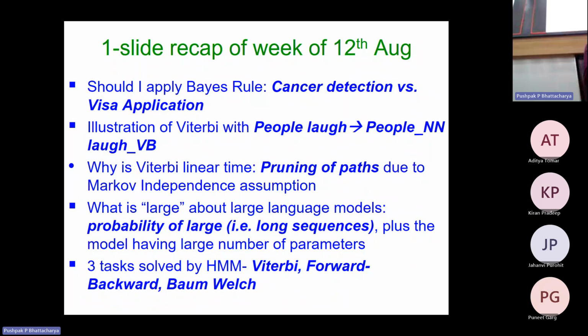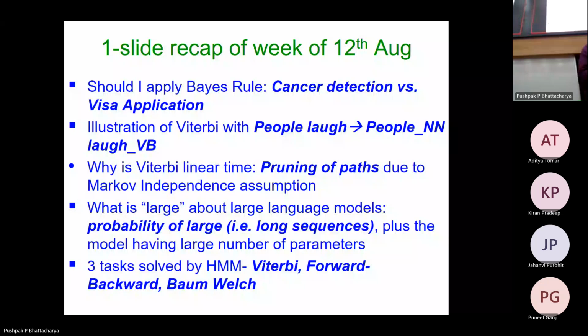Now, one important question was, the space of part-of-speech tag sequences is potentially exponential in the length of the input. How come the Viterbi algorithm becomes linear in the length of the input? That happens because of pruning of paths.